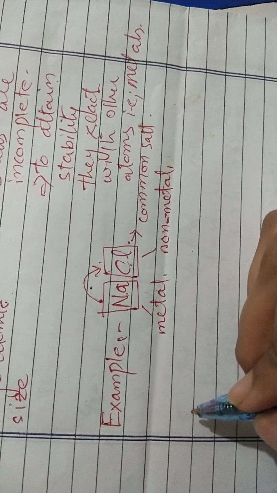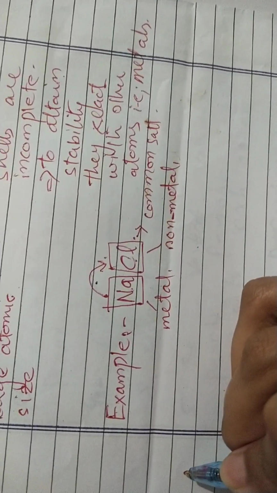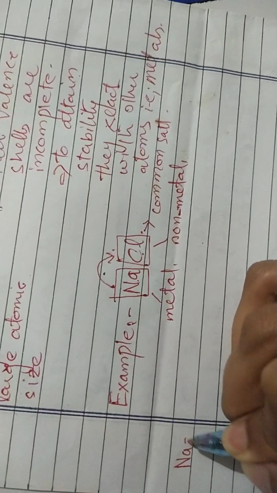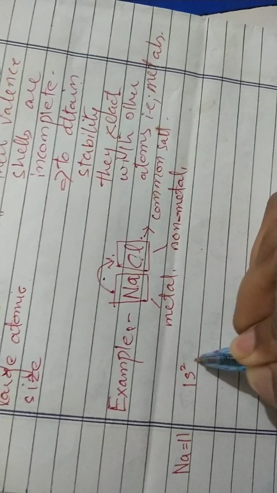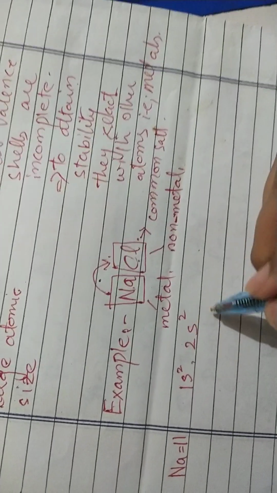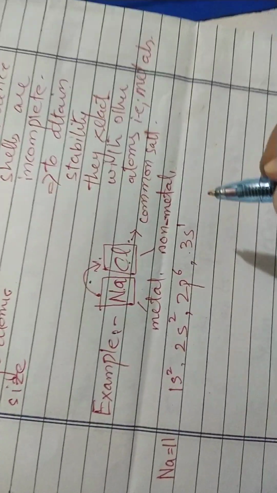The ground state electronic configuration of the sodium atom: as we know, the atomic number of sodium is 11. Its electronic configuration is 1s2, 2s2, 2p6 and 3s1.